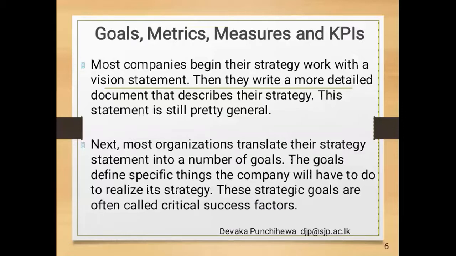So here, when it comes to goals, metrics, measures, and KPIs, most companies begin their strategy work with a vision statement. You know why we have this vision and mission in place? Because we want to express our strategy, right? We want to communicate our strategy to the employees as well as all other stakeholders in our business. Then they write a more detailed document that describes their strategy.